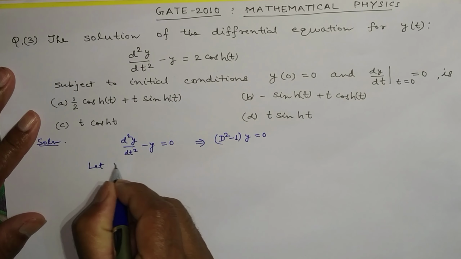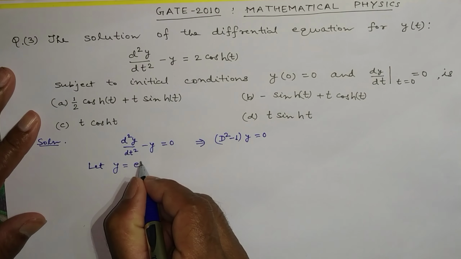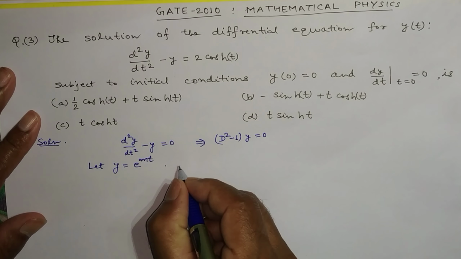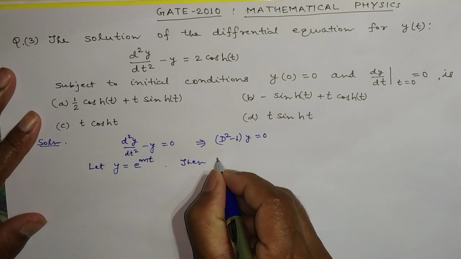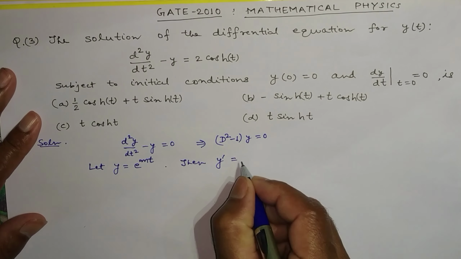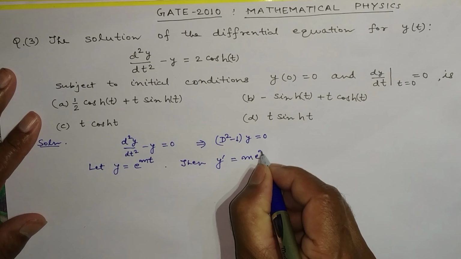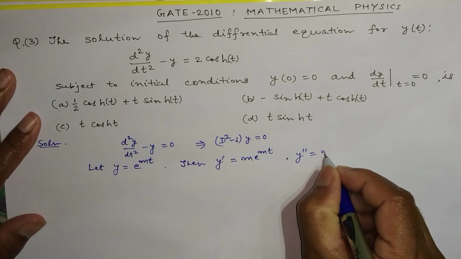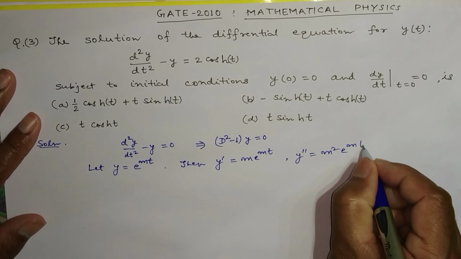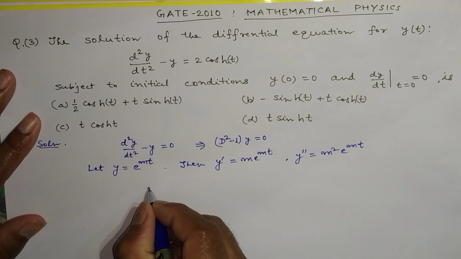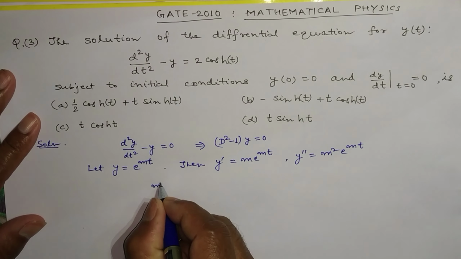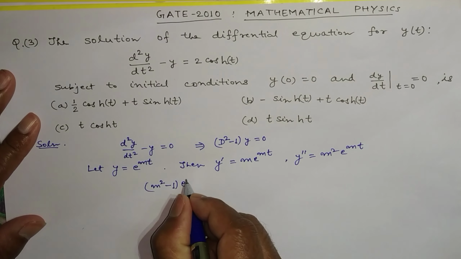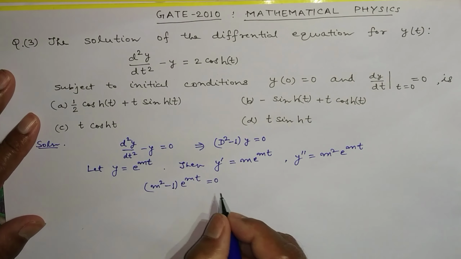Let y equals e to the power mt. Then y prime equals m e raised to mt and y double prime equals m² e raised to mt. Thus we have (m² minus 1) e raised to mt equals 0.